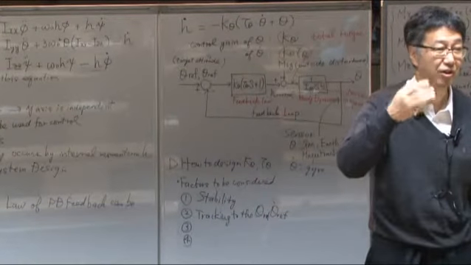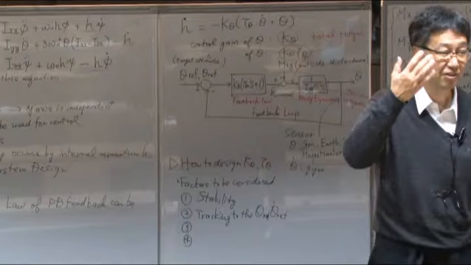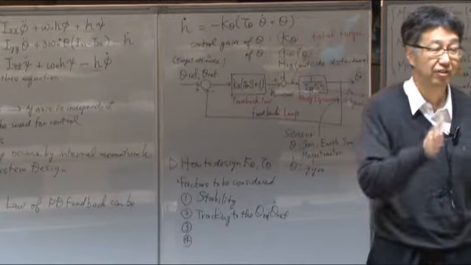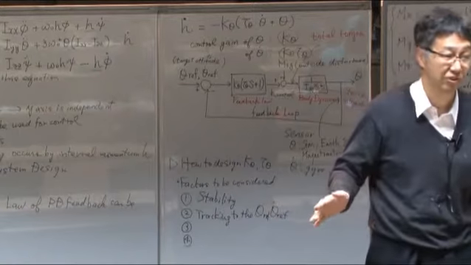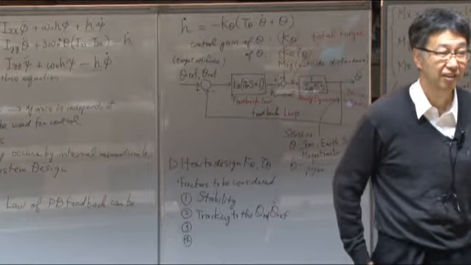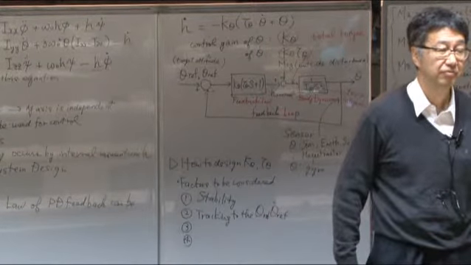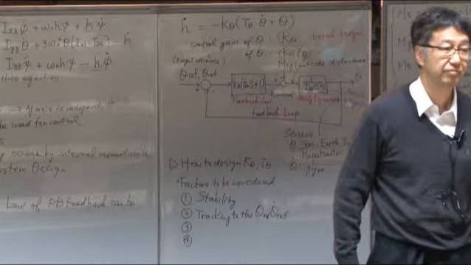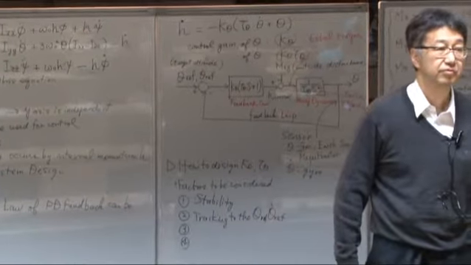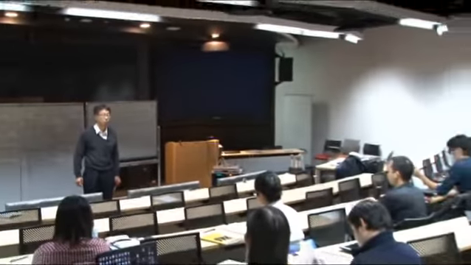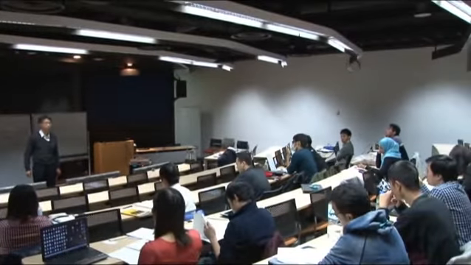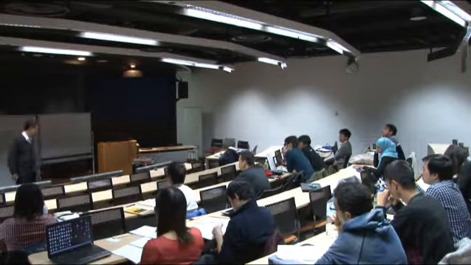Please say a more complete sentence. Disturbance avoidance or disturbance suppression. I think it should be disturbance consideration.